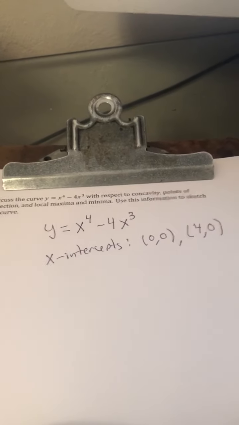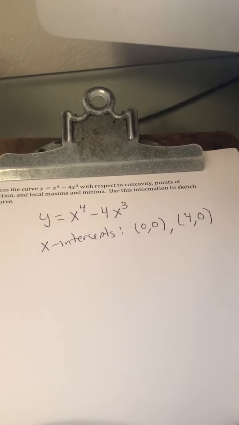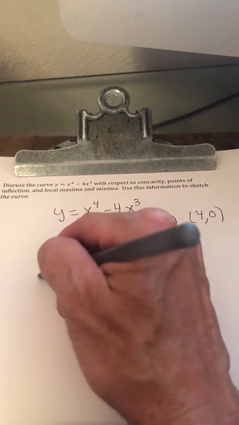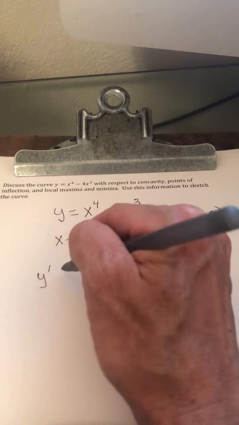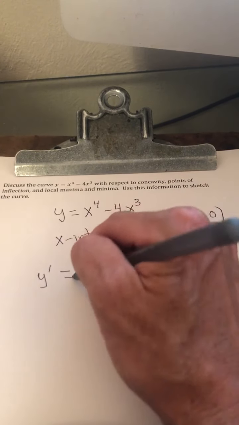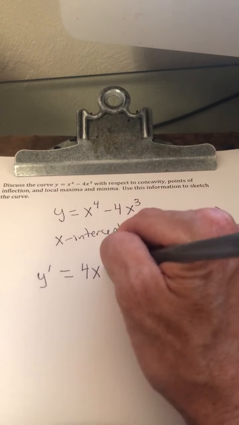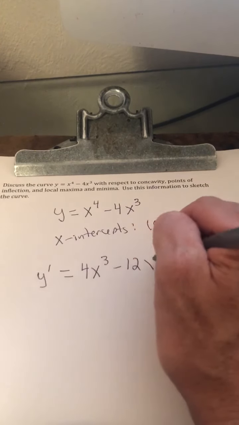All right, so now let's get on to the rest of the stuff. We're going to need the derivative. So using the power rule, y prime is 4x cubed minus 12x squared.